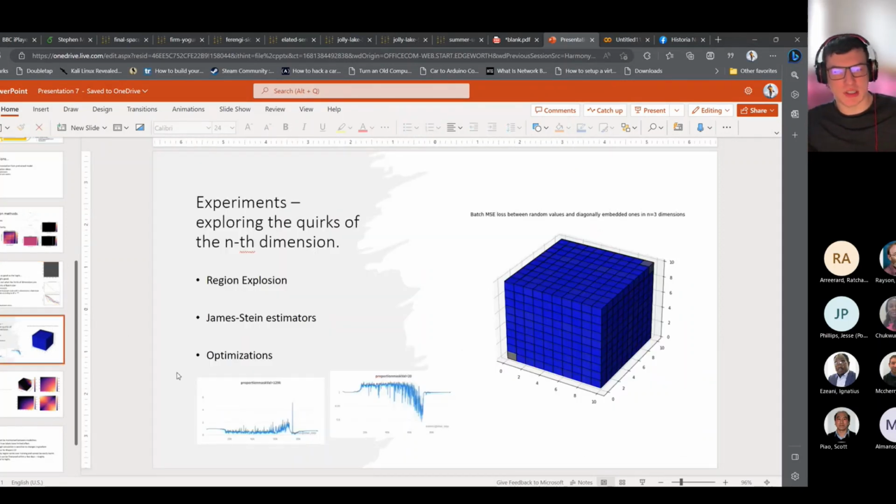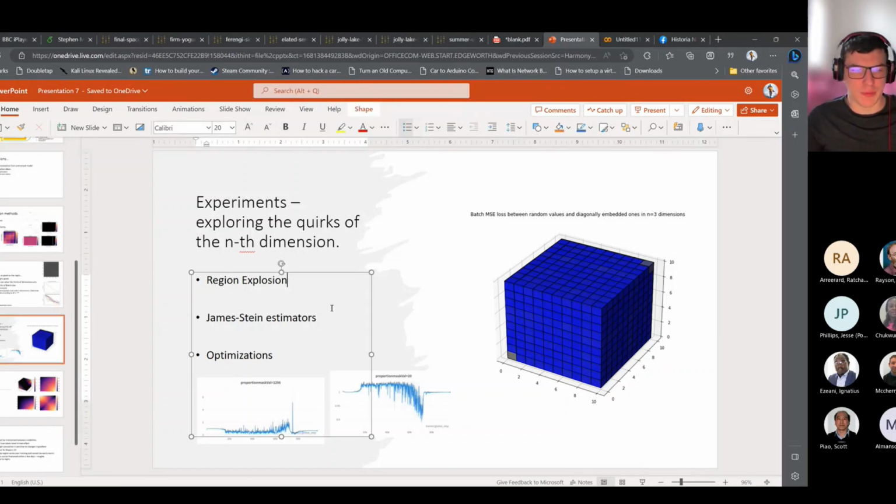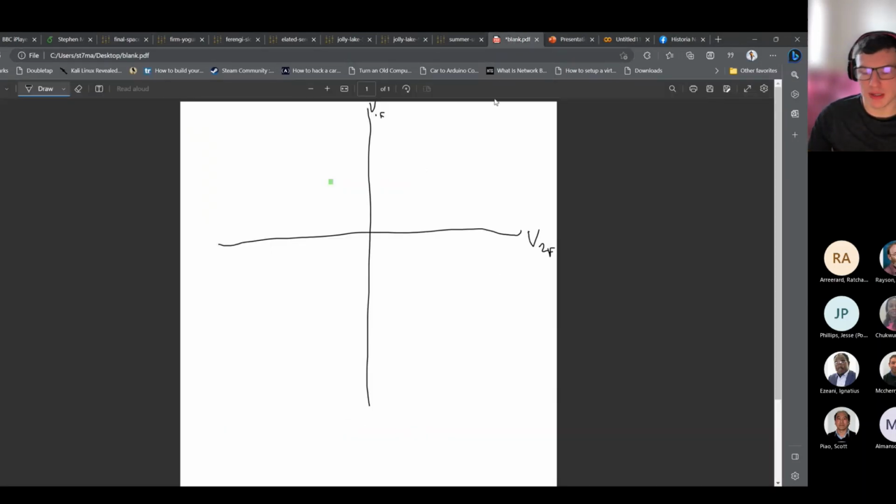So I'm going to move on to look at some experiments that I've gone into, which, as I've already slightly hinted at, are looking at what happens as you start to scale these logits into more dimensions. So we've talked about region explosion. Another phenomenon that I've looked into is something called James-Stein estimators. And this is a quirk that emerges after 3-dimensional space, where if you took a value randomly sampling a space, in fact, I'll change to a blank slide and we'll model this.